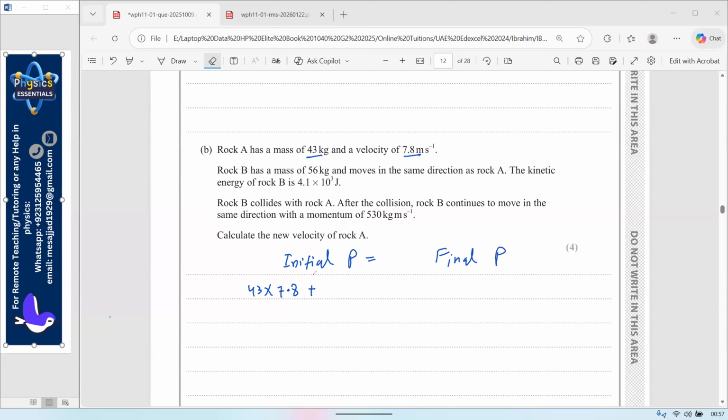This is the part A. And for part B, it is moving with some speed, 56 times u. So it is the initial speed, we don't know. And after collision, they're saying that rock B has a momentum of 530.